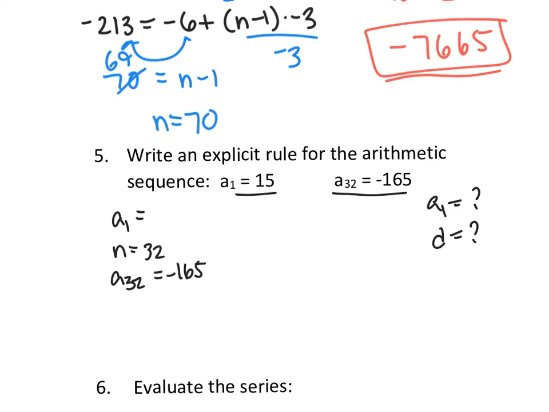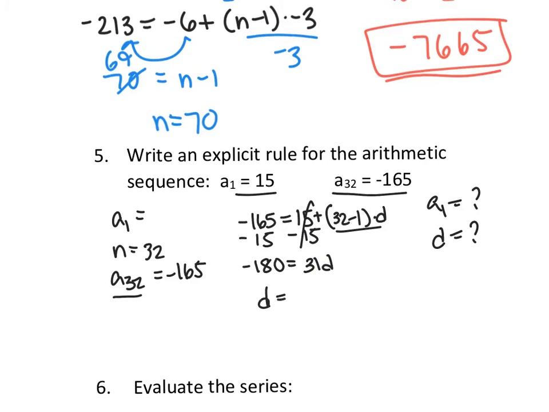So I'm going to plug this into the explicit formula. So I get a sub 32, which is negative 165, equals the first term, which is 15, plus n minus 1, we know n is 32, minus 1, times d. So I'm solving for the difference right here. So when I subtract 15, I get negative 180 equals 31d.